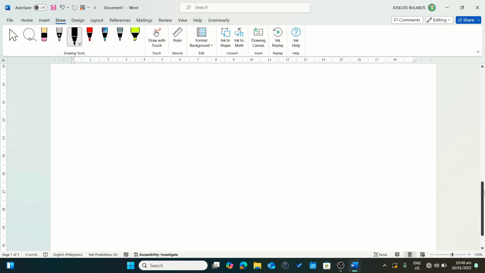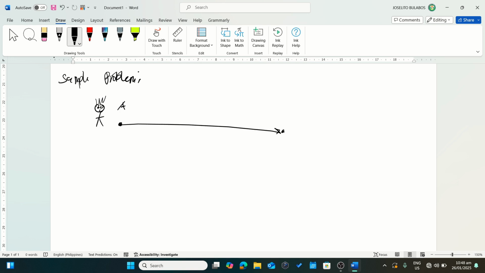Let us have a quick sample problem. Let's say this boy starts at position A and moves to position B. The initial velocity of this boy is 3 meters per second.